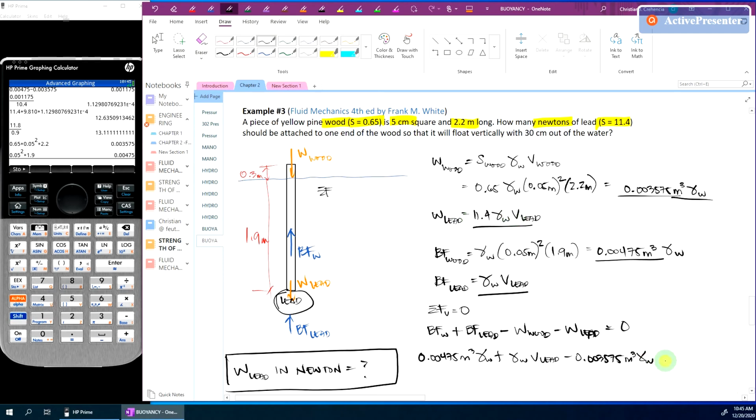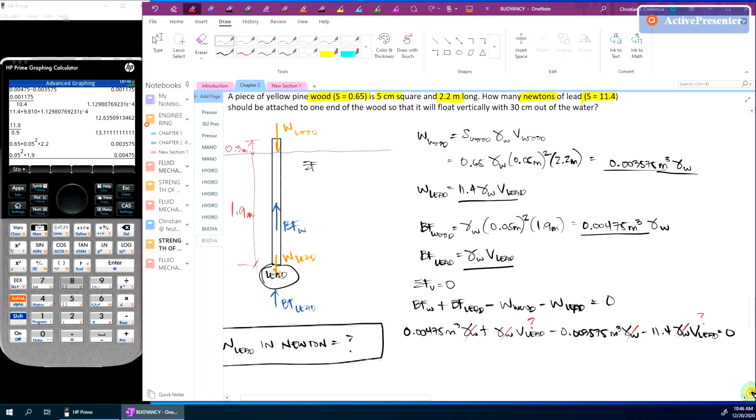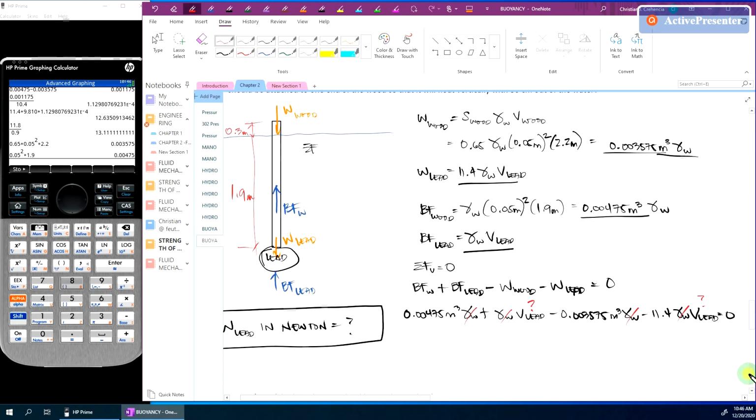Then, weight ng lead rather is 11.4 times the unit weight of water times the volume of lead. Then this all will be equal to 0. Okay, so lahat merong unit weight ng water, so we can cancel that out. Okay, then yung unknown na lang natin ngayon is the volume of lead. So we have to solve muna sa volume ng lead. Then, pag meron na tayo nito, so we can use this equation to solve for the weight.